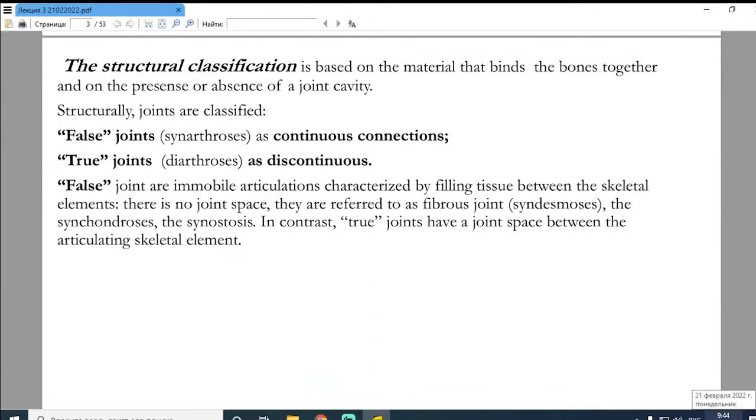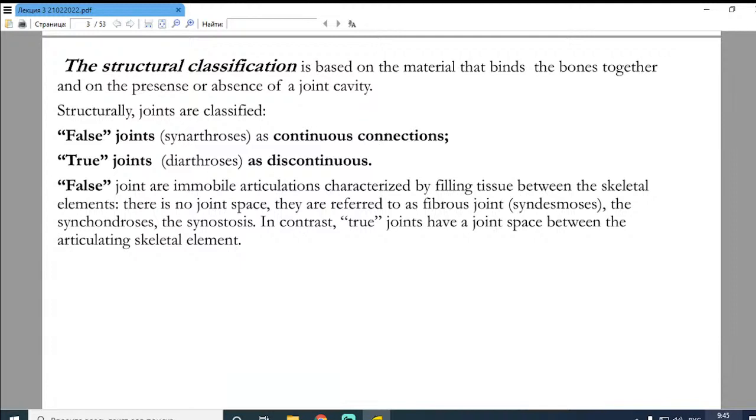The structural classification is based on the material that binds the bones together and on the presence or absence of a joint cavity. Structurally, joints are classified: false joints, synarthroses, are continuous connections; true joints, diarthroses, are discontinuous.